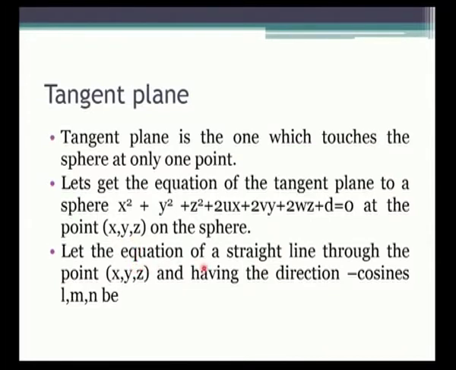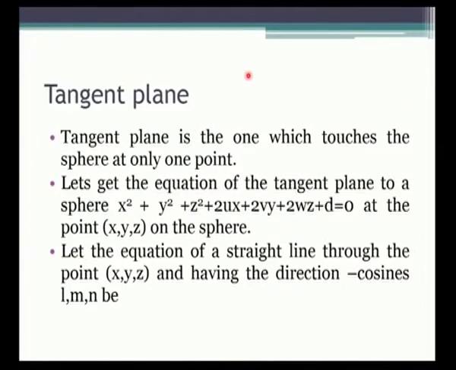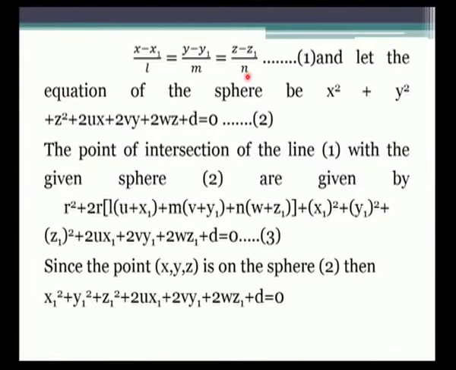Let the equation of a straight line through the point x1, y1, z1 and having the direction cosines L, M, N be (x minus x1) by L is equal to (y minus y1) by M is equal to (z minus z1) by N. This is the equation of a line having direction cosines L, M, N and passing through the point x1, y1, z1.